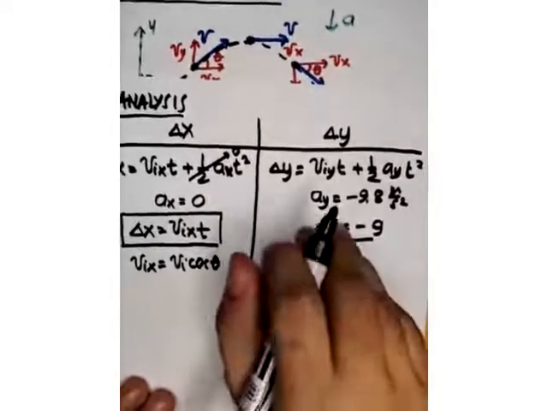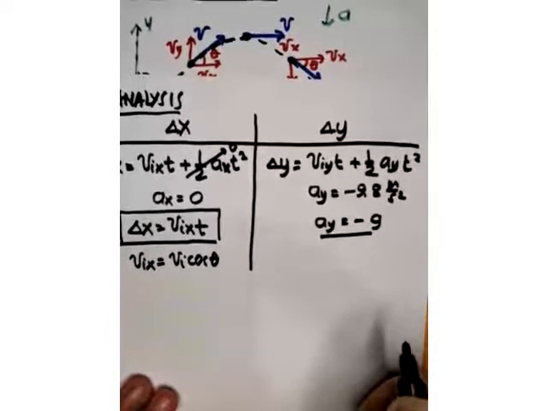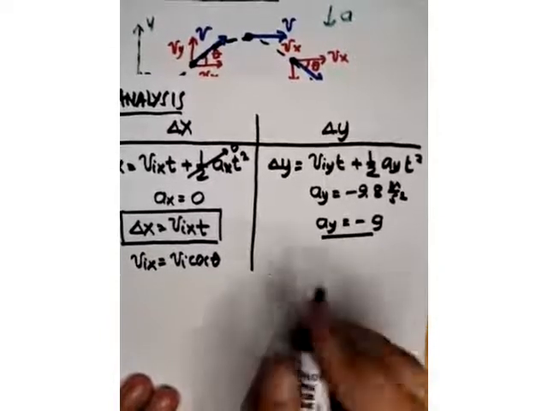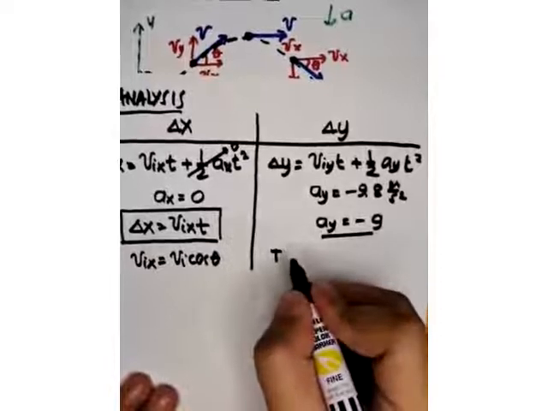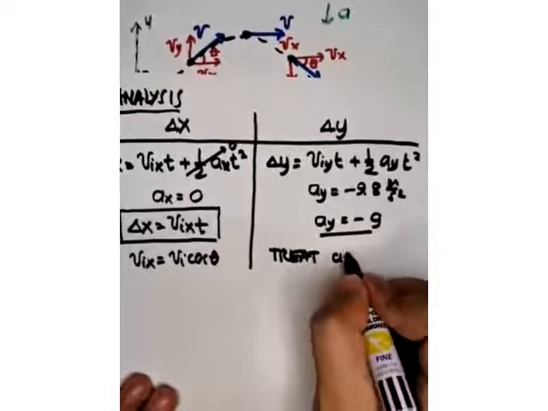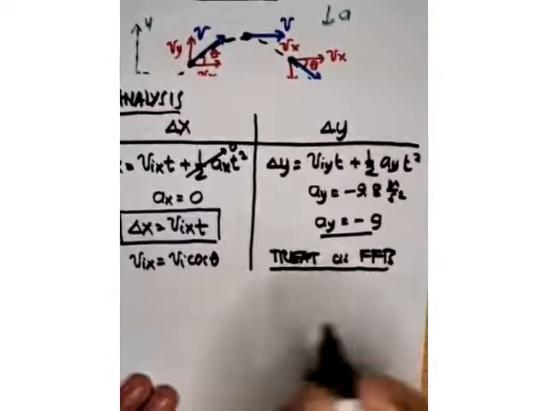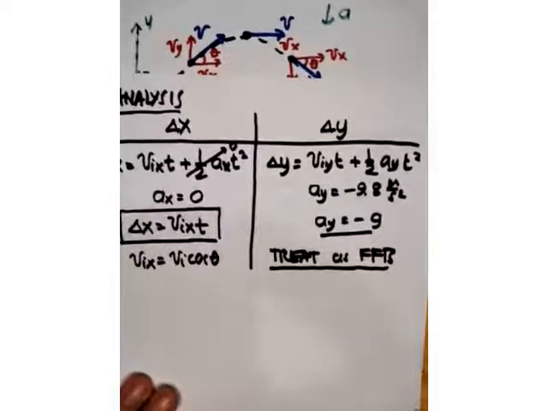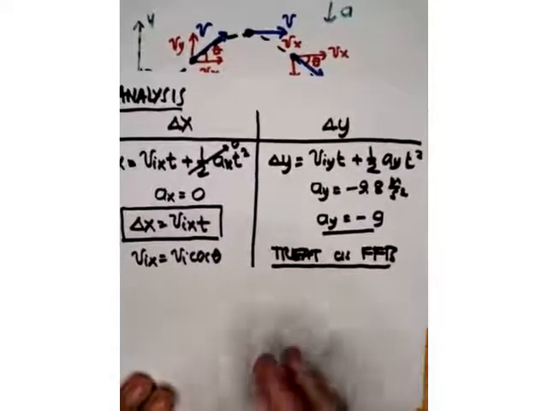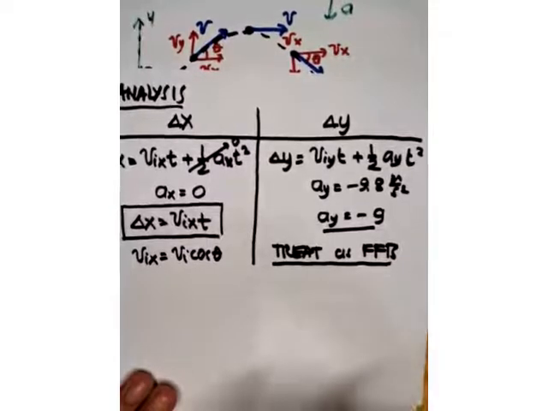Okay, class. So that means, what can we conclude about delta Y or the Y component of the projectile? Di ba pareho lang sila ng free-falling body? So that means you treat it as a freely falling body. Kung paano yung analysis natin sa freely falling body is the same analysis for the delta Y of the projectile motion.